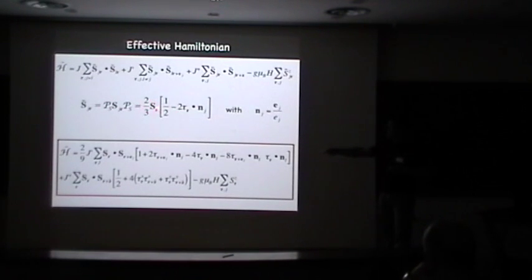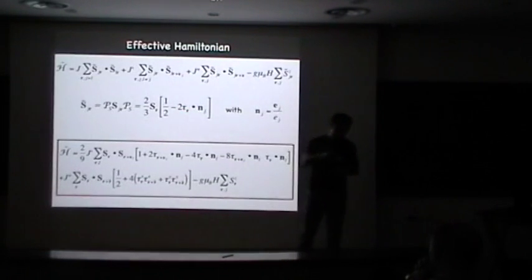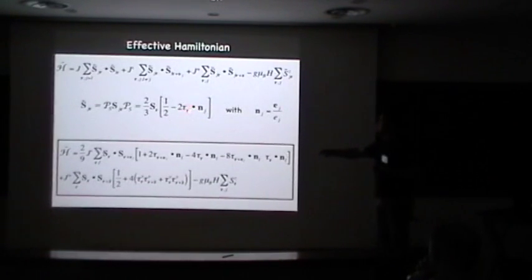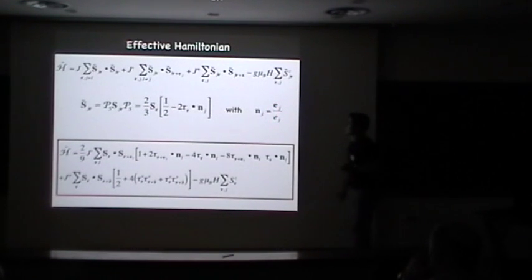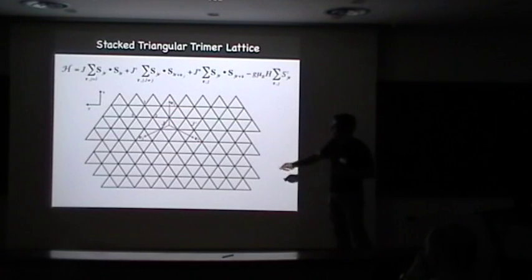This is now the total spin operator on each triangle, but it's multiplied by this operator that contains the pseudo-spin, and you can see here the analogy with the previous lecture. You get the inner product of the pseudo-spin times n_j, where n_j is basically the unit vector, the normalized e_j. So e_j is basically these 3 vectors.